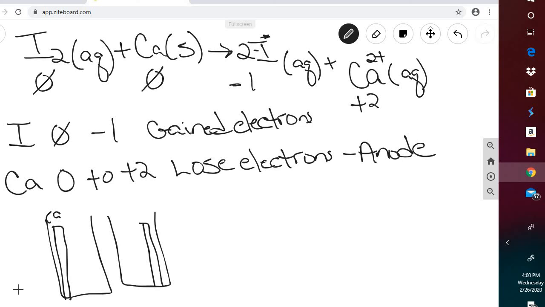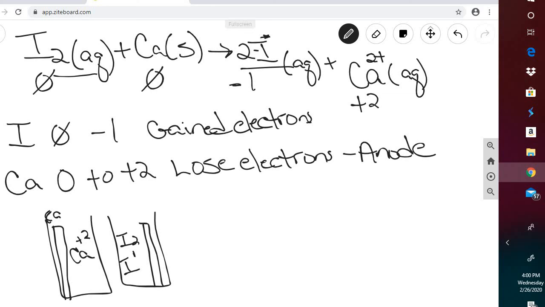And then since this is the calcium side, this calcium +2 would be in solution. And any of the iodine forms that are aqueous would be in solution over here. So you'd have I2 over here, and you'd have the I- over here in solution.